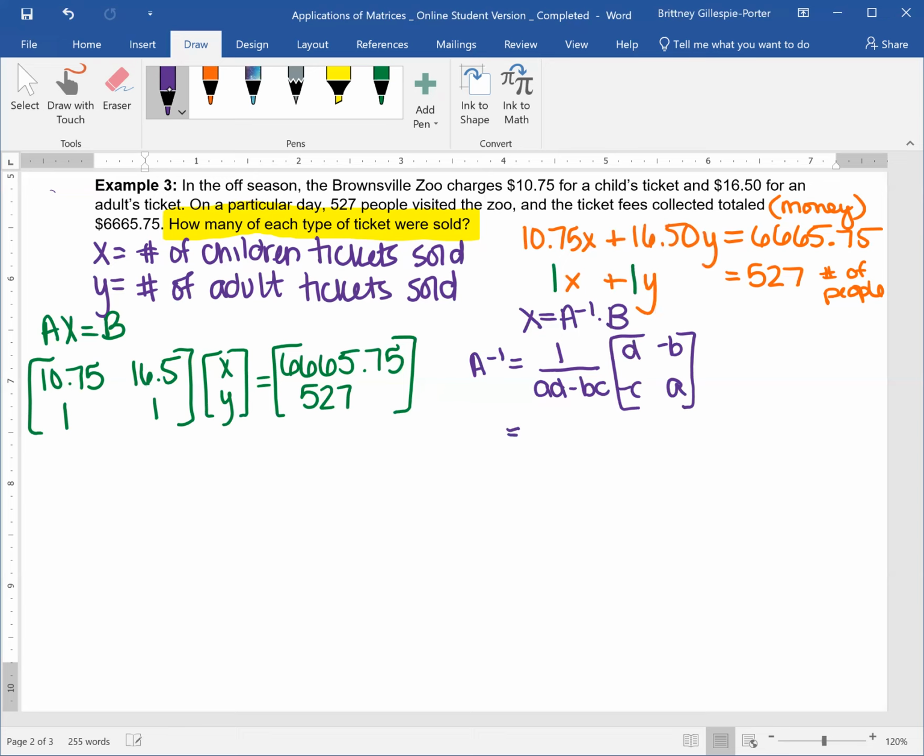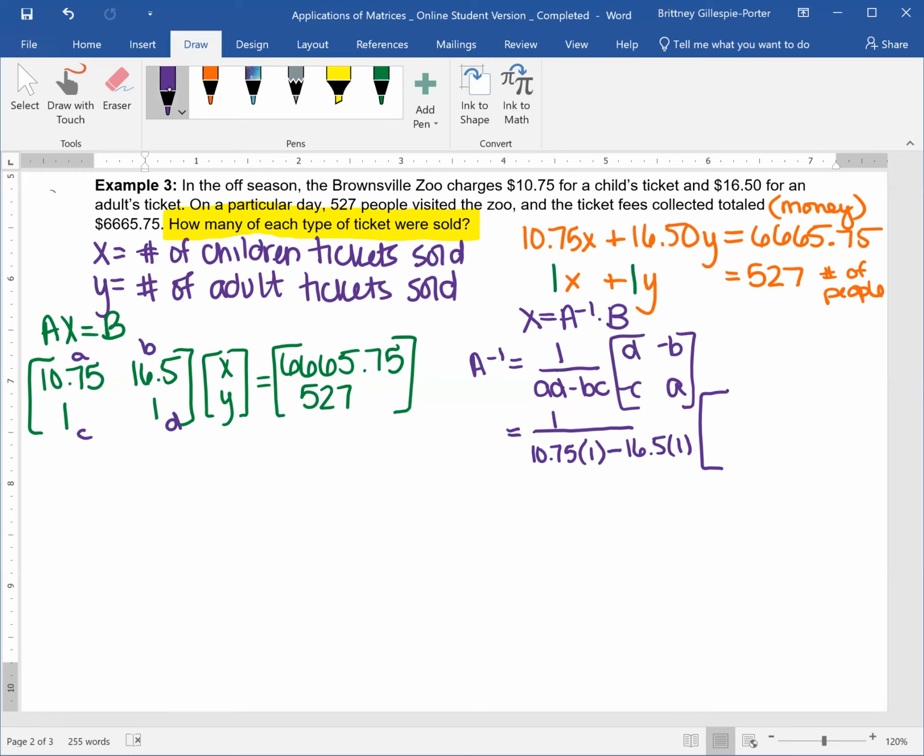If we're looking at our fraction, we're going to have 1 all over. Remember, you can label our A matrix with its elements. Little a is going to be 10.75 times 1, which was D. B is 16.5 times C, which is 1, times our crazy matrix.